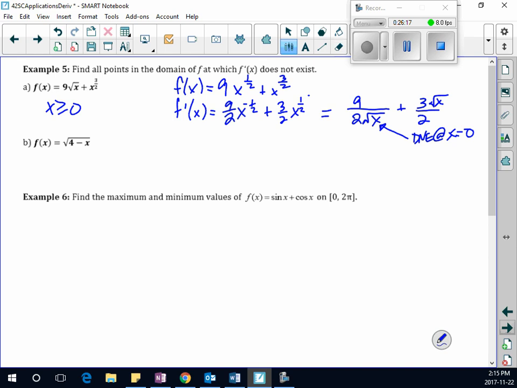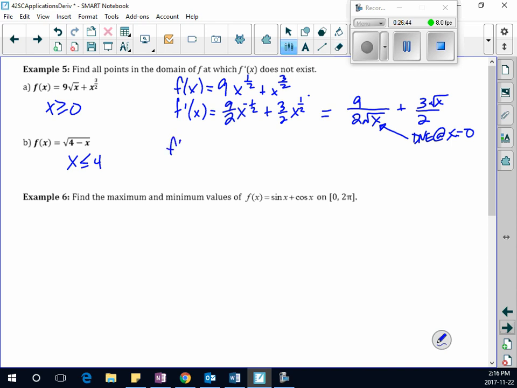Okay, next one. What is this domain restriction? X has to be less than or equal to 4, right? Inside the radical has to be greater than or equal to 0. If you solve, it has to be less than or equal to 4. Okay, so this would be a chain rule.